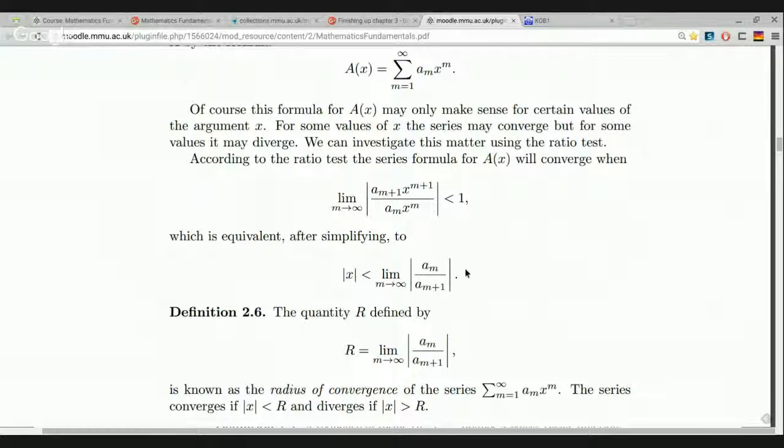What you've got written there is the limit of a_(m+1) x to the power m+1 over a_m x to the power m, strictly less than 1. But the thing is, this is the limit as m goes to infinity.